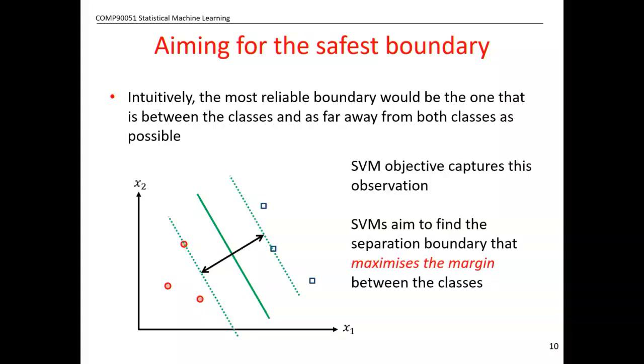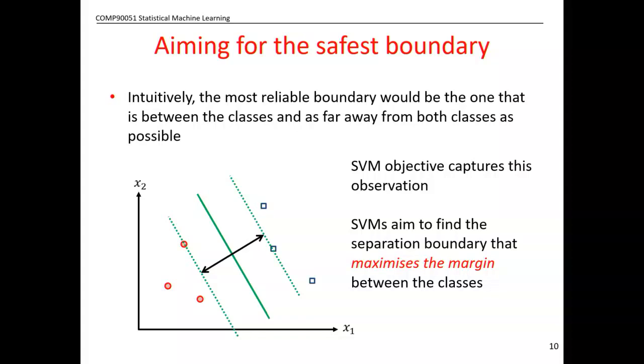So the observation is that we want to maximize the distance from the decision boundary to the nearest points. Okay, and we're going to give that distance a name. We're going to call it the margin. And so we want to choose a boundary that not only gets correct predictions, but also maximizes the margin.